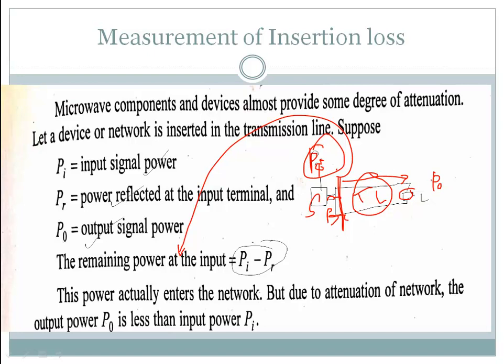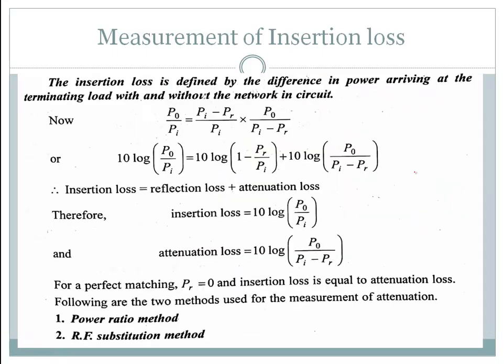So at the output we have a received power, that is your P0, and this P0 is always less than Pi. The difference Pi minus P0 is represented by the attenuation loss, which is caused by the networks or the devices, right?